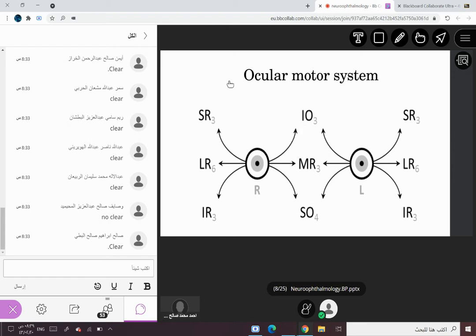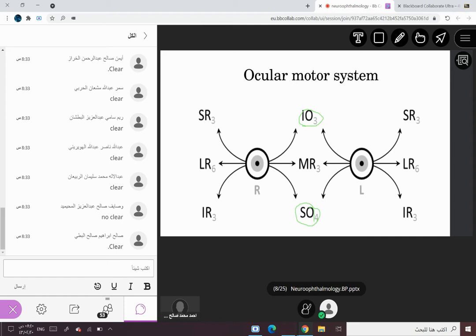The location of the inferior oblique and superior oblique is only for illustration of their action. In reality, they are not there.